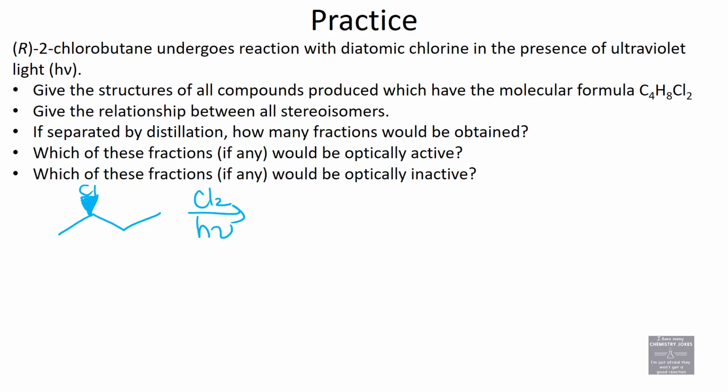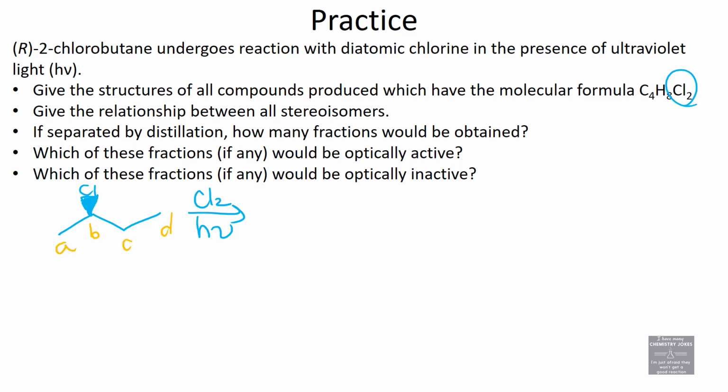we get some stuff. Give the structures of all compounds produced which have 2 chlorines on them, meaning add 1 more chlorine to the thing that we've got. That's what that says. Give the relationship, how many fractions, oh boy, yep, several questions to answer. But I step backwards and say, in proton NMR, how many signals would you see in the proton NMR of R-2-chlorobutane?